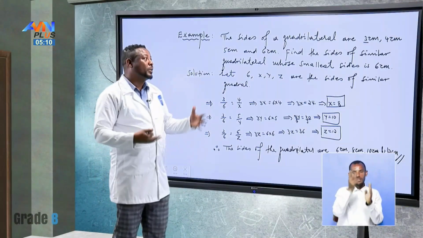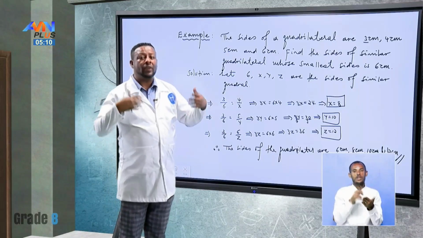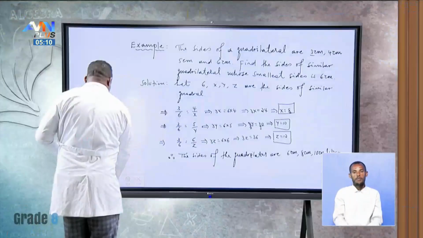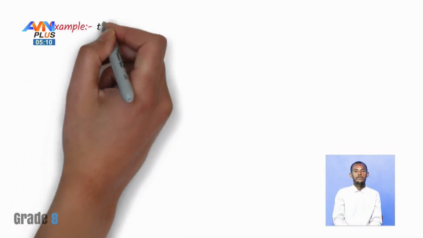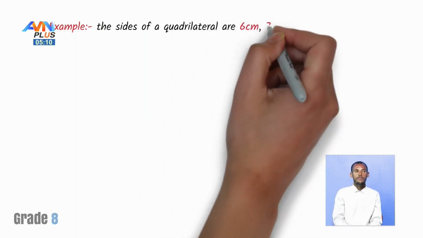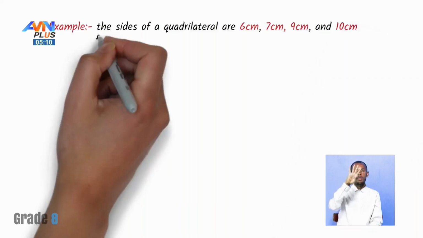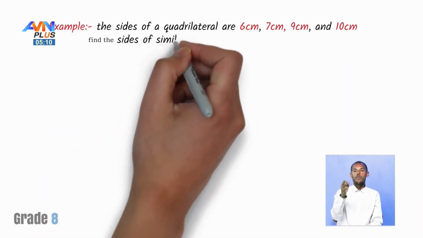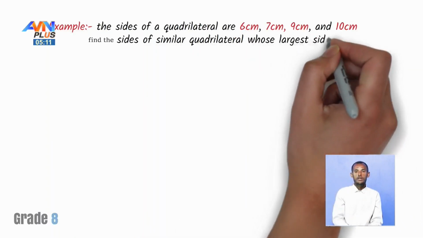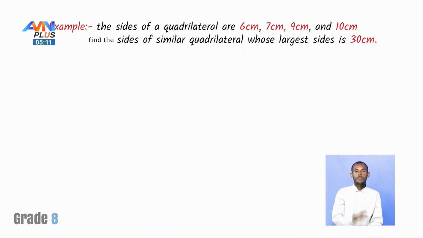So let's see another example which is very similar to this, so that you will have a good understanding of determining the unknown similar plane figure, right? 6 centimeter, 7 centimeter, 9 centimeter, and 10 centimeter.